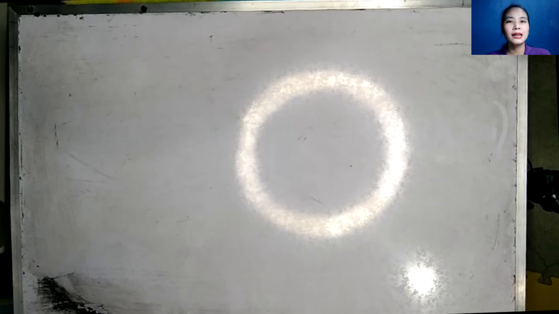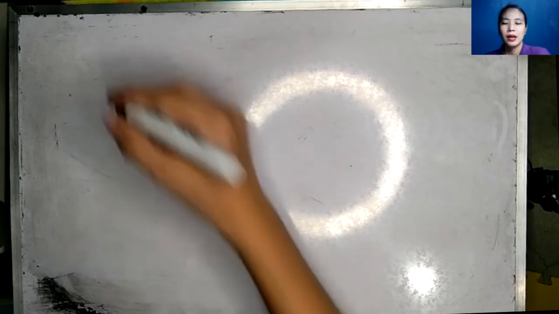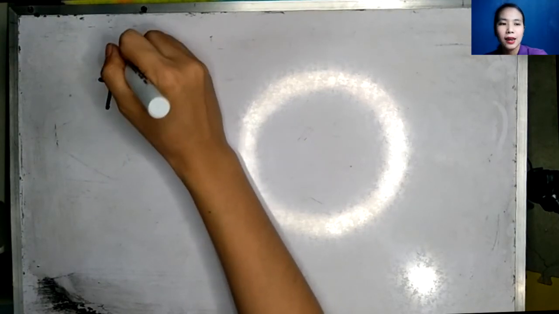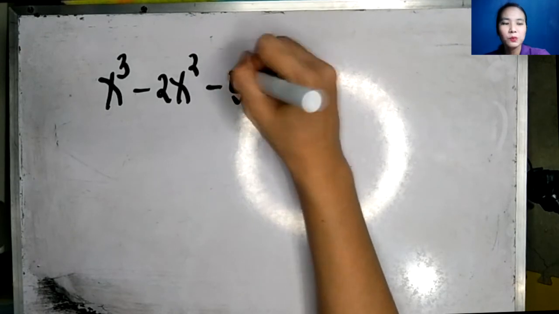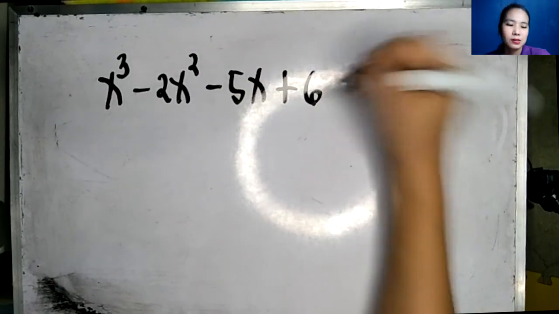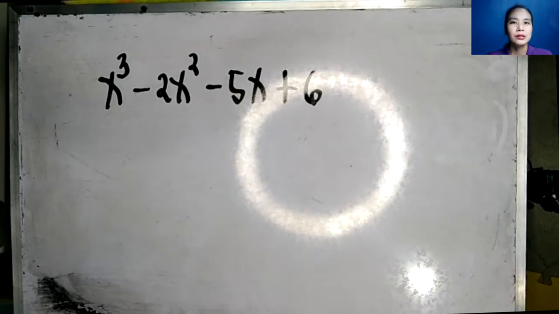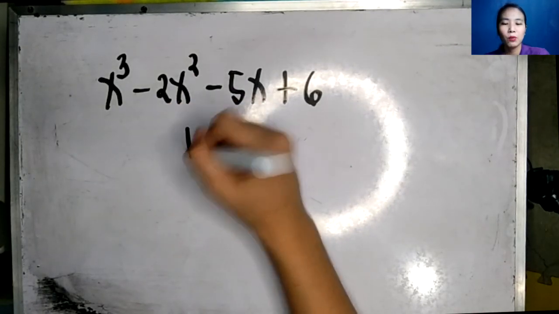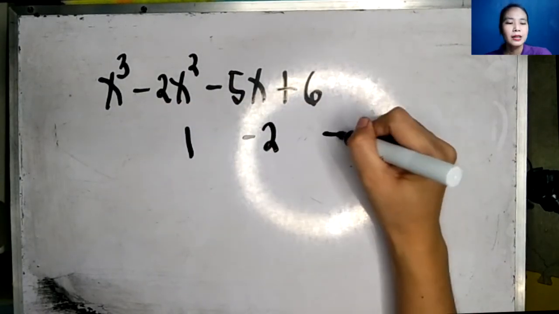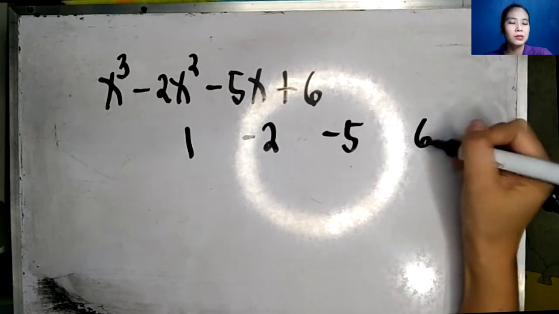Subukan naman natin ang isa pang method, which is the factoring skills. Ang given again natin ay x cubed minus 2x squared minus 5x plus 6. Subukan muna natin gamitin ang ating synthetic division para kunin ang isang factor. So again, ang numerical coefficient ay 1, negative 2, negative 5, positive 6.